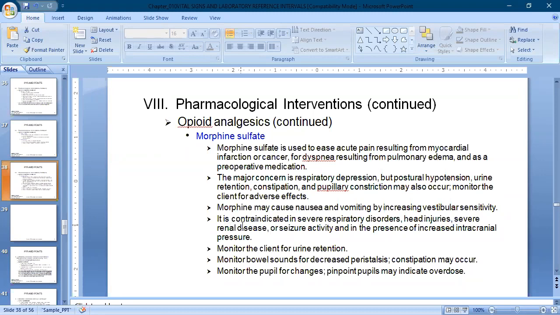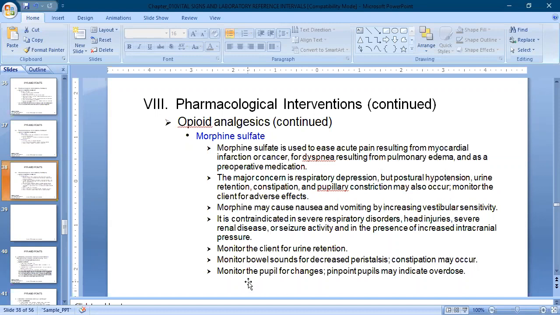It is contraindicated in severe respiratory disorder. If your patient has a respiratory disorder, we have to tell them not to take it because the patient can die of respiratory failure. Also monitor the client for urine retention, and monitor the bowel sounds for decreased peristalsis, as constipation may occur.